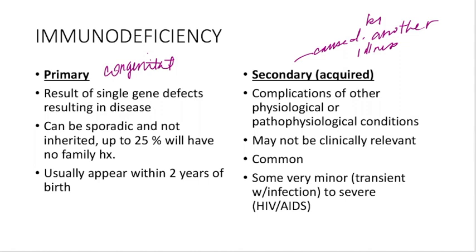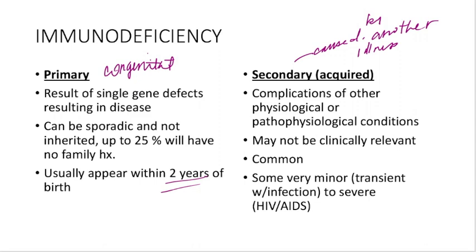Primary can be sporadic and not inherited. Up to 25% will have no family history, and that's called idiopathic. And it usually appears within the first 2 years of birth because we don't have the ability to fight off infection. Secondary, this may not be clinically relevant, all depends when it presents and what is involved.